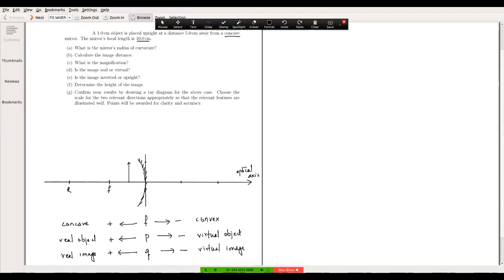Ray diagram involves drawing two rays and figuring out where they intersect. The first ray passes through the radius of curvature. So let me draw a reference line to begin with. It's going to be my reference line, let's say.